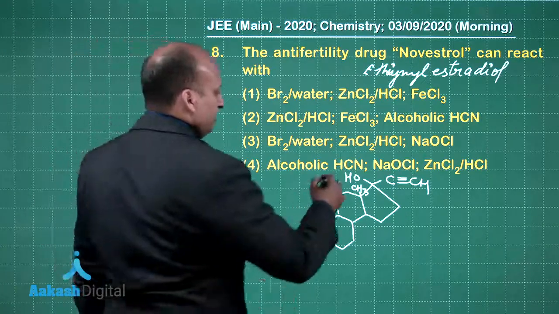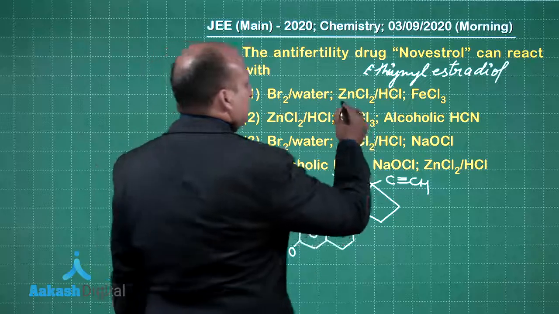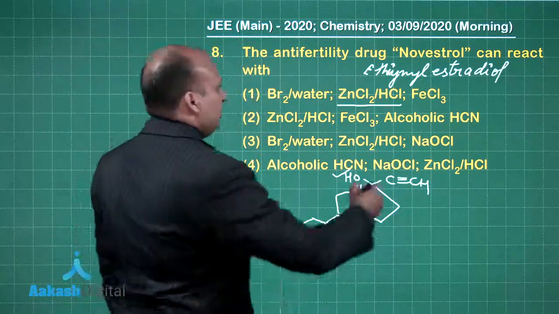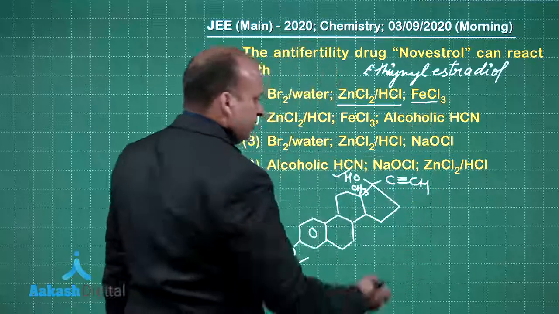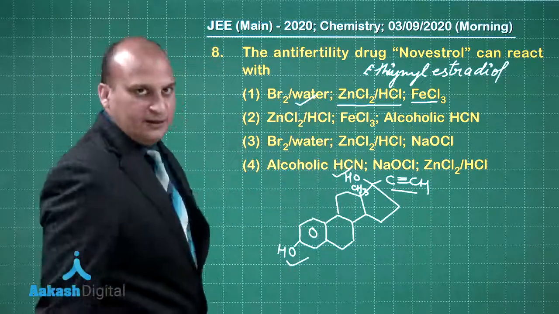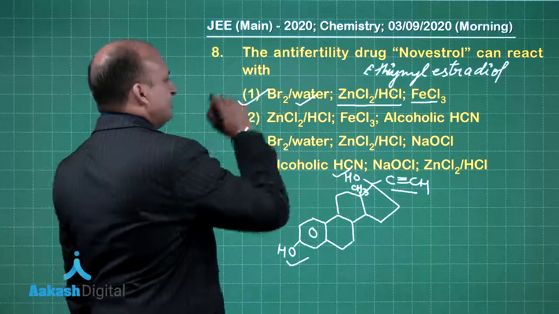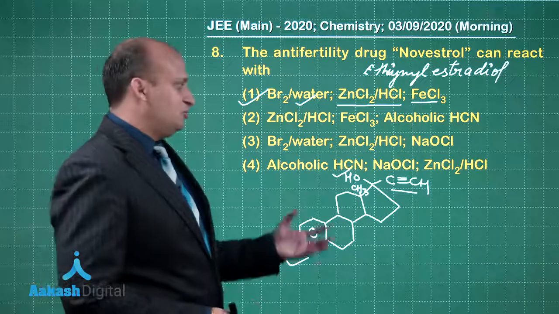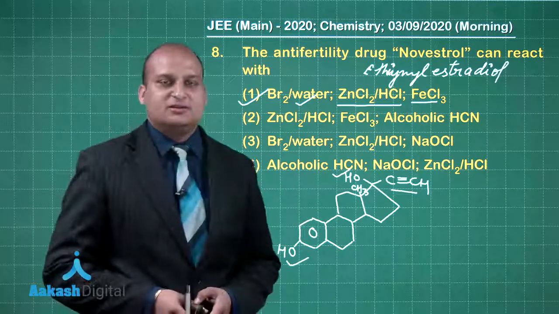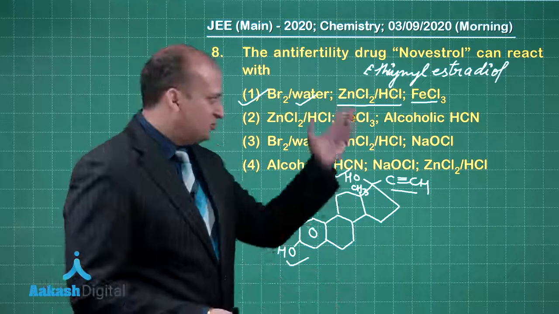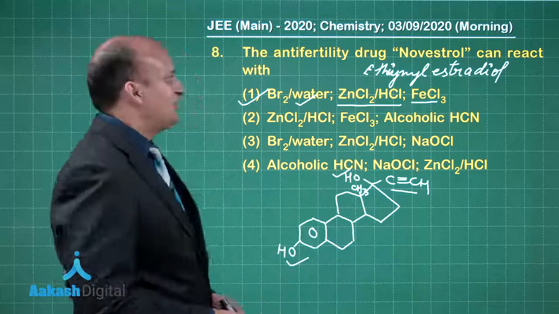So, this OH will react with ZnCl2/HCl. This phenolic part goes with FeCl3 and this unsaturation goes with bromine water, right. So, the correct option, my dear friends, is choice number 1. I know you must be saying, sir, do we have to remember the structure of all these drugs? Yes, that is what I can say because you got a question based on that, right. Okay, let us go ahead.